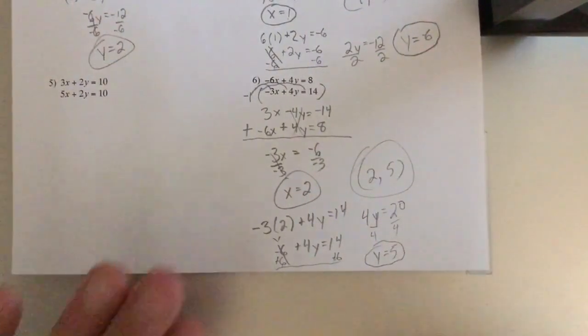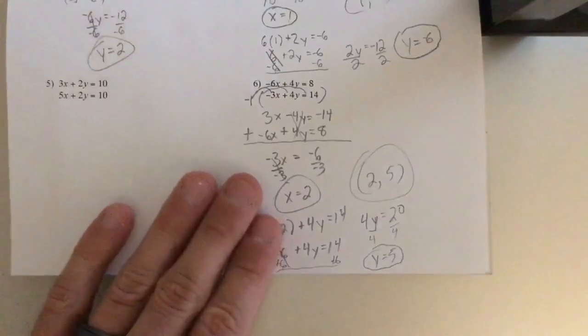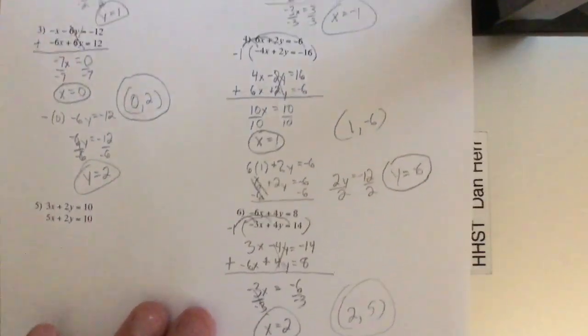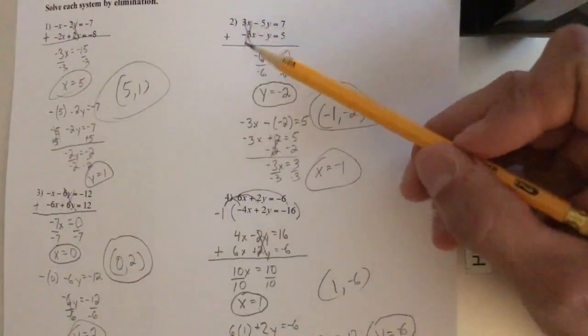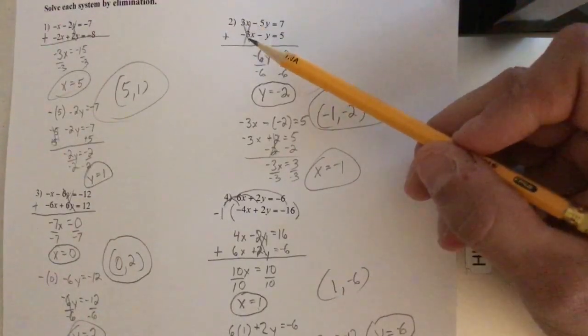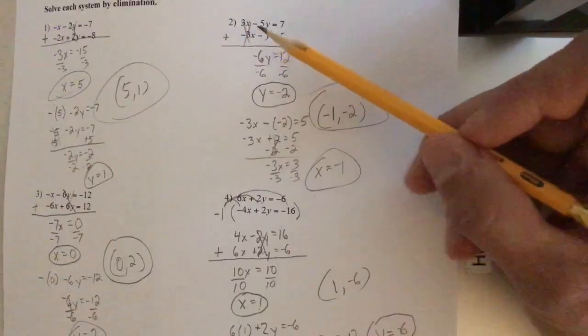I know that was a lot when we're learning new material through online learning. This is going to be a little bit of a challenge, but it comes down to two big ideas. If we already have opposite terms, like positive 3x and negative 3x, you can just add your equations together.